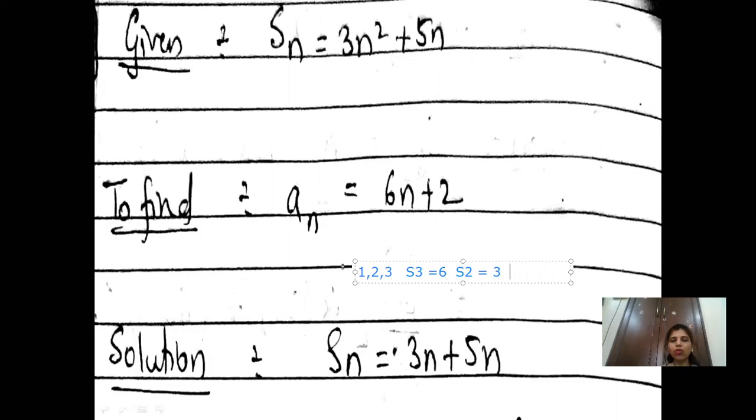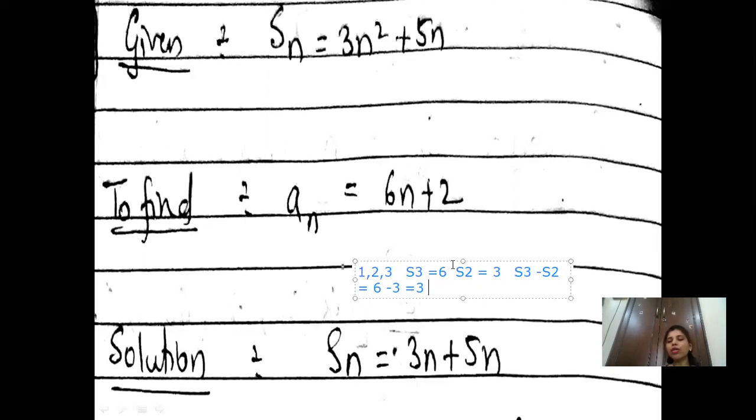Now if you subtract the sum of 3 terms minus the sum of 2 terms, what are you going to get as the answer? You can see that you are going to get the third term because you have taken S3 minus S2. Now if you want to find the second term similarly, you'll have to find S2, that is the sum of 2 terms, and subtract the sum of 1 term.